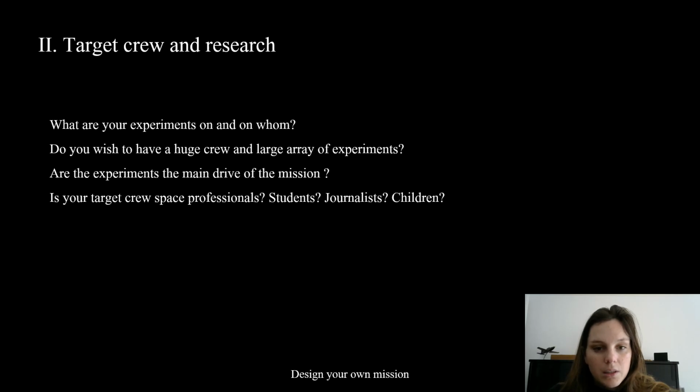Once you have this, we think about the target crew and research. You already had the general goal, which was maybe life science or experiments or crew. Now you think about your crew, because what is your crew going to be impacted by? For example, if you want astronauts to be under 18, that's going to impact a lot of things.